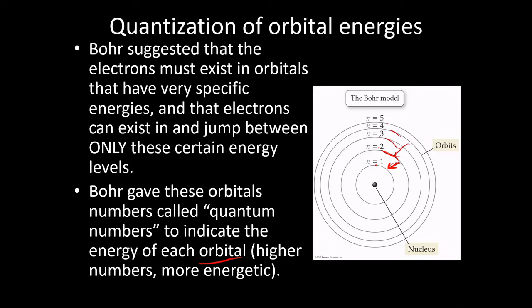So going from one orbital to another, it doesn't just drop from one to another and give off energy as it moves. Instead, the electron exists in the fourth energy level and then instantaneously exists in the second energy level. It doesn't actually move in the way that we think of things moving from one to the other.